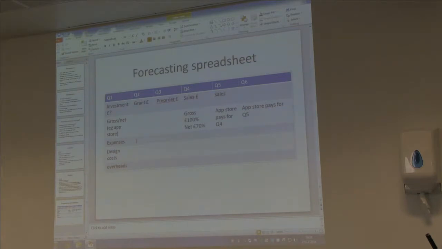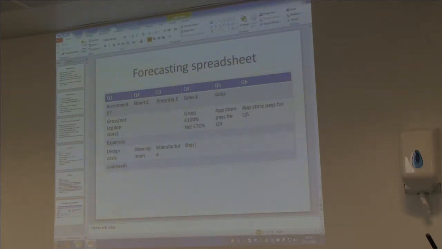If there are 5 people, you have to put something in for overheads. For example, in Q1 you might have design costs, then development, then manufacturing or implementing here, and then shipping costs and distribution costs.